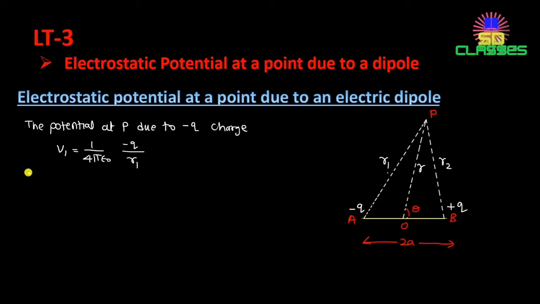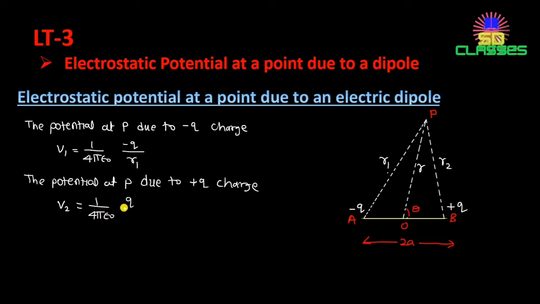Next, the potential at P due to plus q charge, let it be denoted by V2, that is 1 by 4 pi epsilon naught, plus q divided by r2, the distance, right? Next, the total potential at P will be, what will be the total potential?